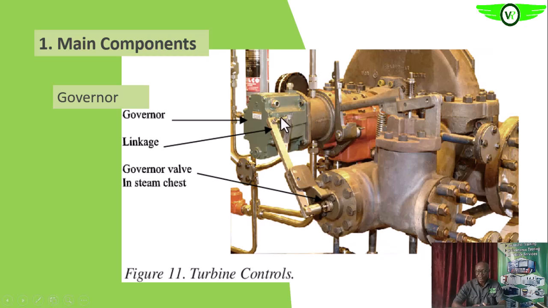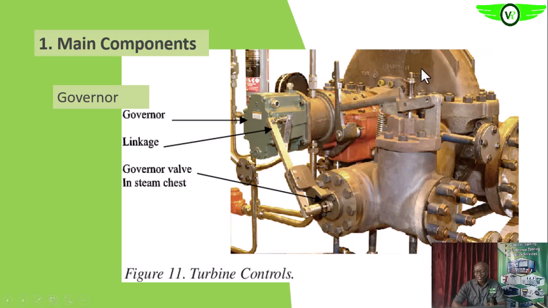We'll see the simple centrifugal governor later for us to have an idea of how the governor actually functions. This governor controls the amount of steam that is administered into the steam turbine itself.